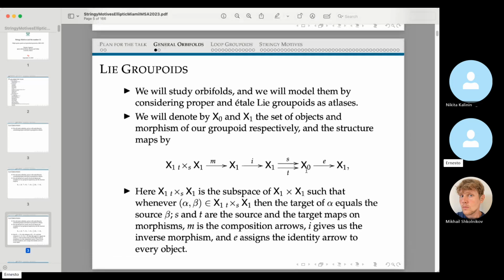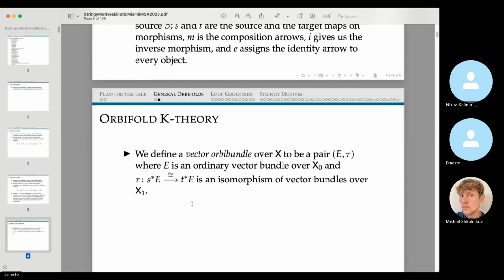For a groupoid, though, now we could have many identities, so to speak. And then you would have to make sure that the tip of one arrow is at the tail of the other to be able to compose them. And that's a groupoid.